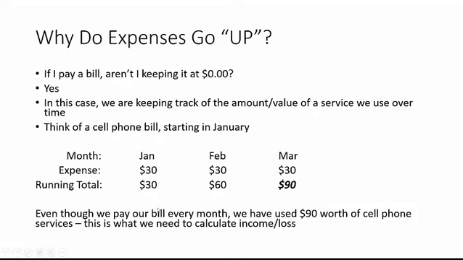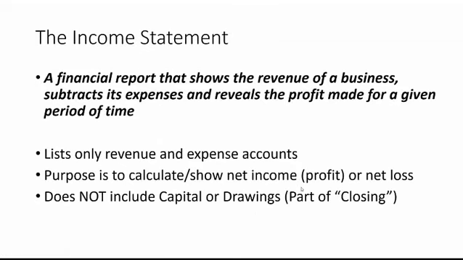Whenever you pay or receive a bill, as we're going to see, you would debit the expense account, which is like cell phone service, for $30 each month. That adds up to $90, which represents $90 being taken out of our capital account, basically. It would count against the revenue and affect how much profit goes into the capital account.